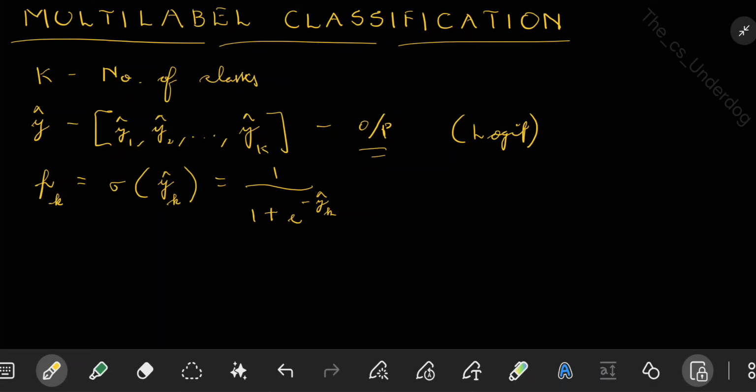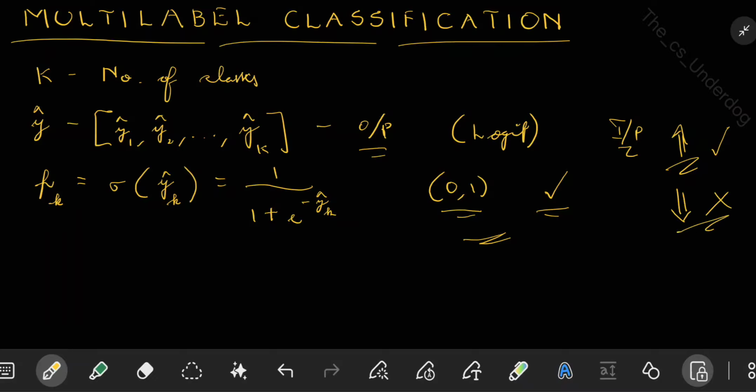This is how you calculate sigmoid. What is the speciality of this sigmoid? This will be a value between 0 and 1, which means you can interpret this as the probability. So using this probability, you can say whether the input belongs to this class or not. If the probability is high, you would say, okay, this input belongs to this class. If the probability is low, you will say it is not belonging to this class.